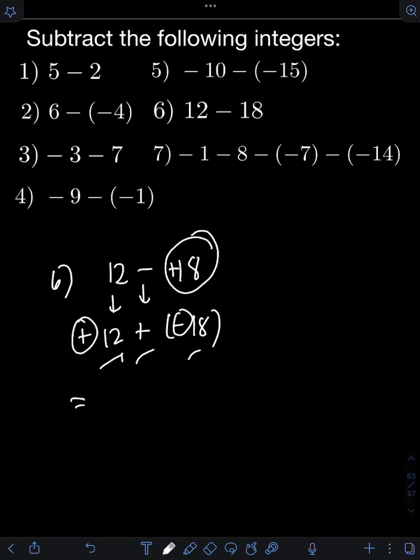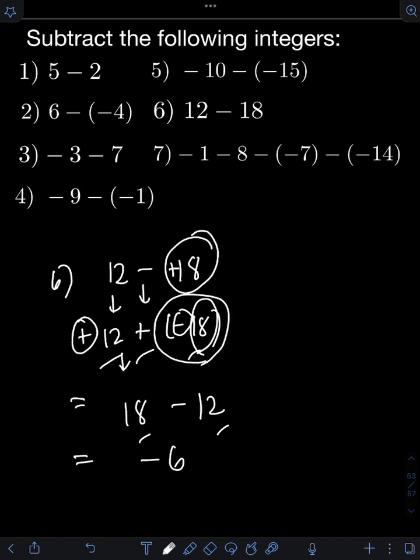So we must subtract the smaller absolute value, which is 12, from the bigger absolute value, which is 18. So we will have 18 minus 12, or 6, and then we copy the sign of the bigger absolute value, which is negative 18. So the final answer should be negative 6.